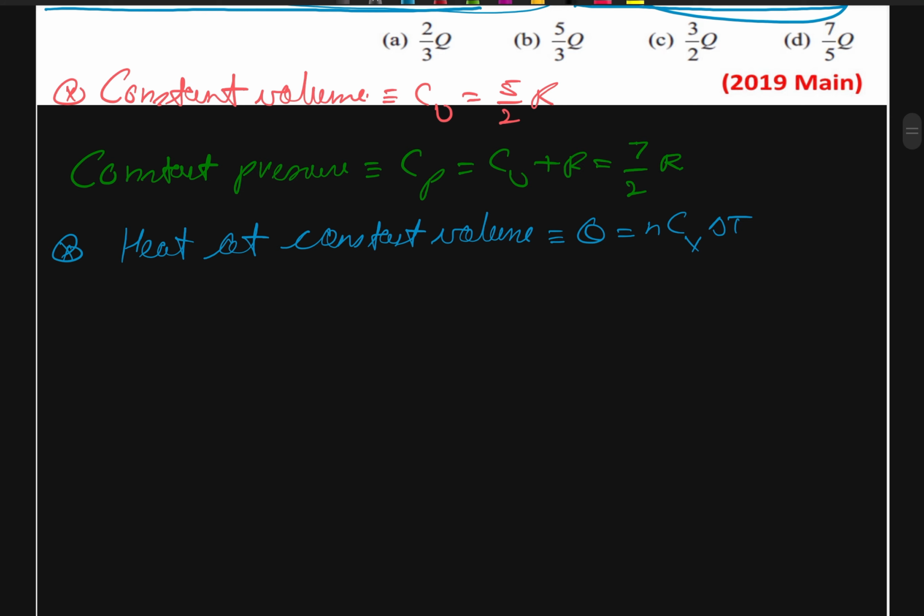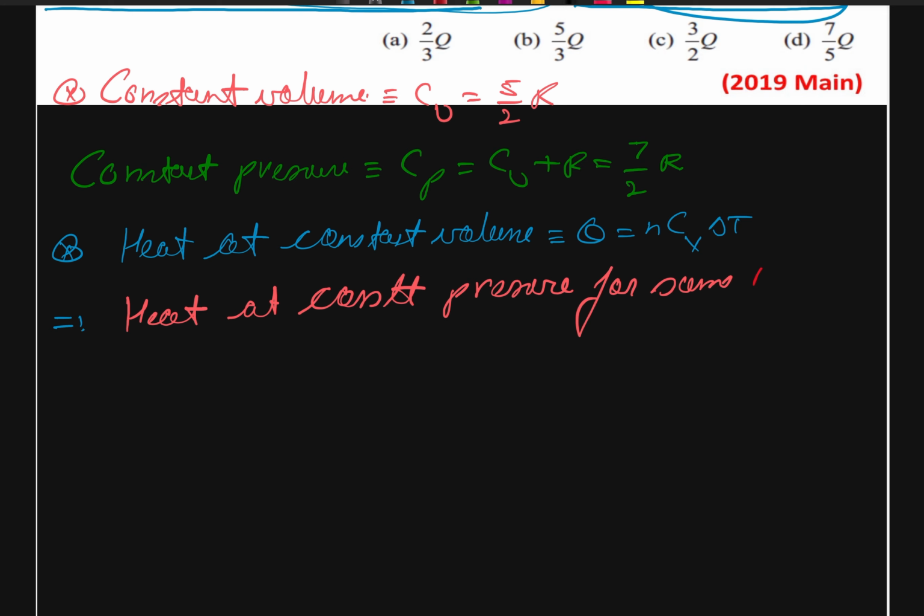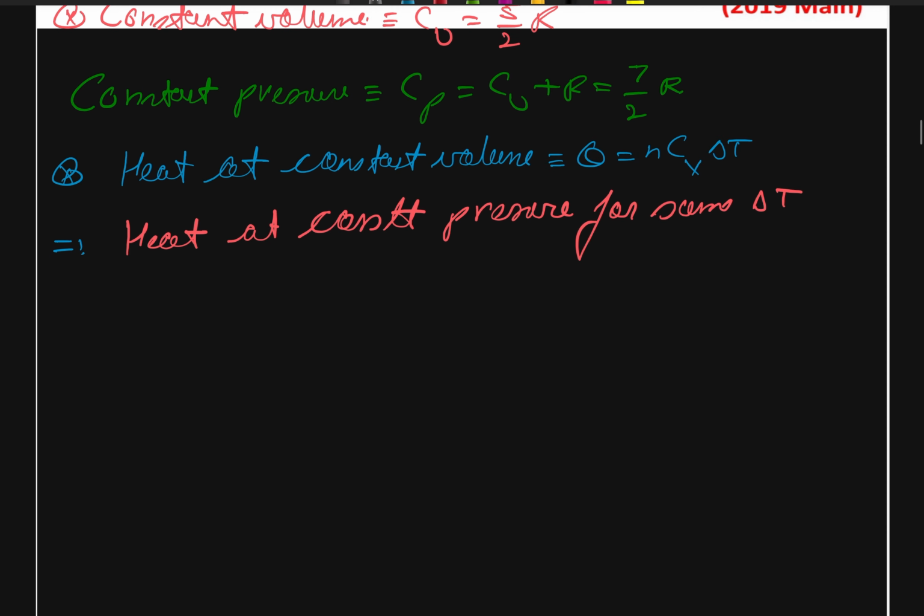Therefore we can say that heat at constant pressure for the same change in temperature, that is our delta T, let us call this our Q prime.